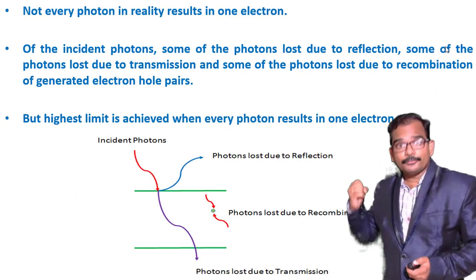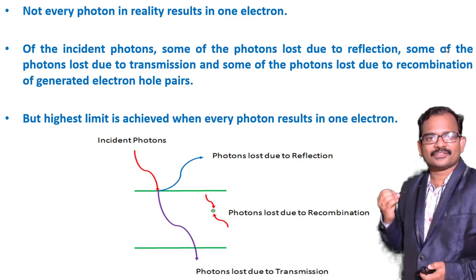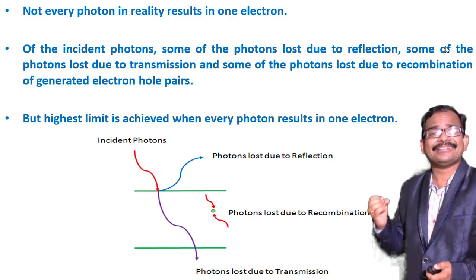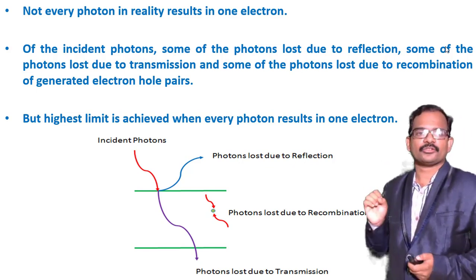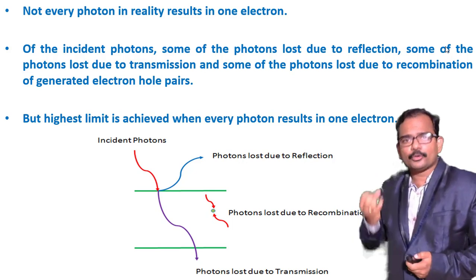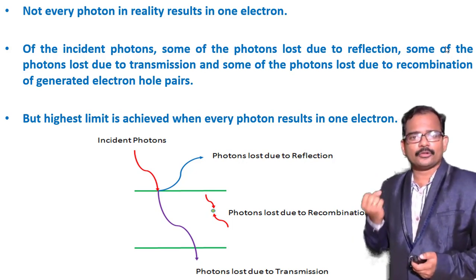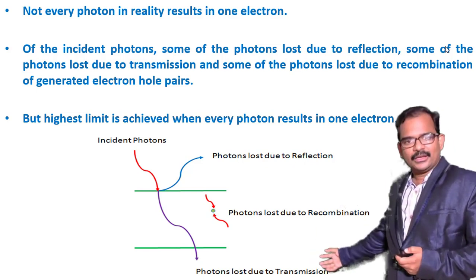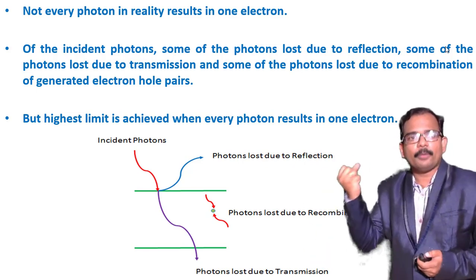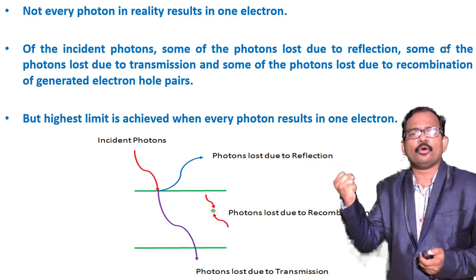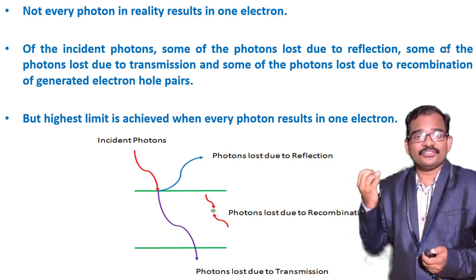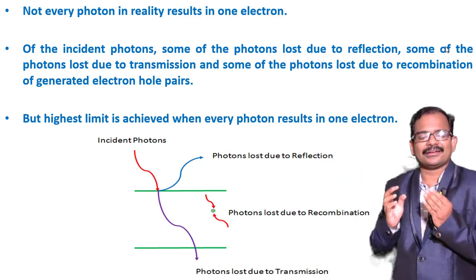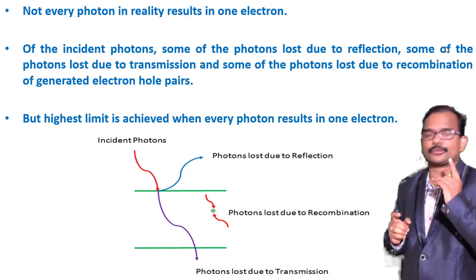Not every photon falling on the solar cell in reality results in one electron. Of all the incident photons, some are lost due to reflection, some due to transmission, and some due to recombination of the generated electron-hole pairs. But the highest limit is achieved when every photon results in one electron.